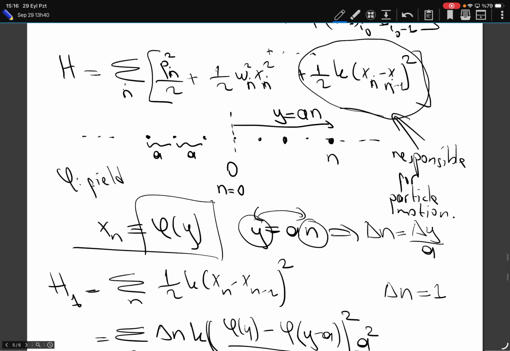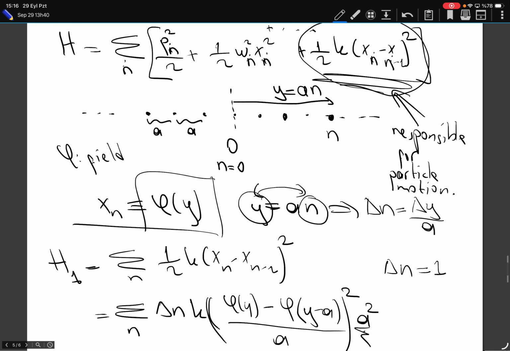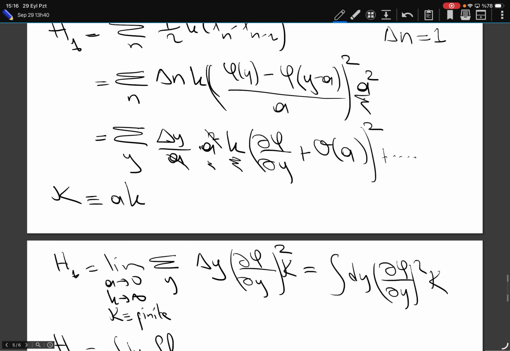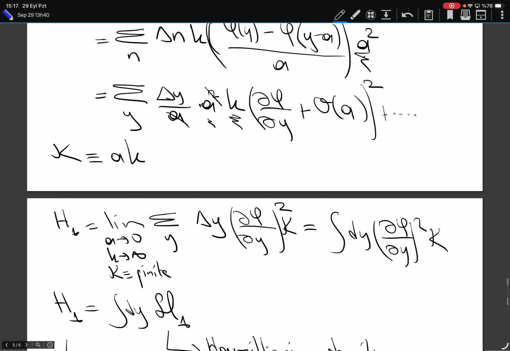So here, this phi, you give it the y-coordinate, at any point, and it gives you some number, which in this sense corresponds to the deviation of the oscillator from the equilibrium value, from 0. And now we said that the term responsible for the motion of the particles, the particle moving from one site to the other one, will give me eventually, when I take the continuum limit, this term.